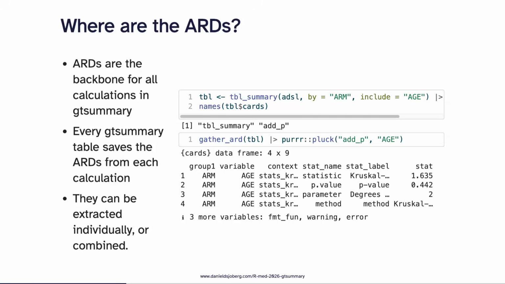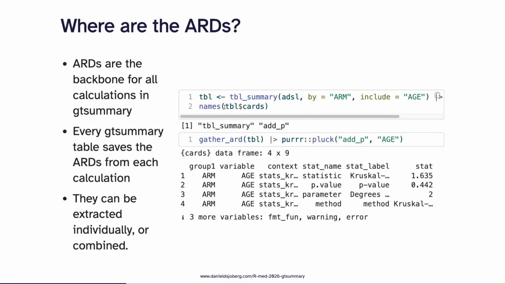And they can be extracted collectively or individually. So here I'm building your basic summary table from our ADSL dataset by treatment arm, and I'm including just one variable here, age. You can see here that these things are called cards. So these ARDs are all created by a package called cards that I also maintain.